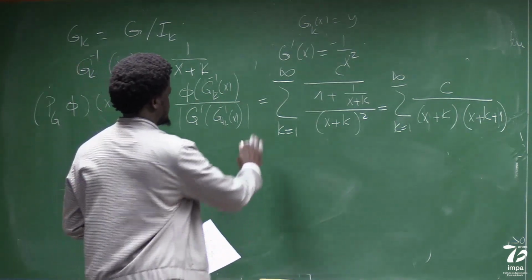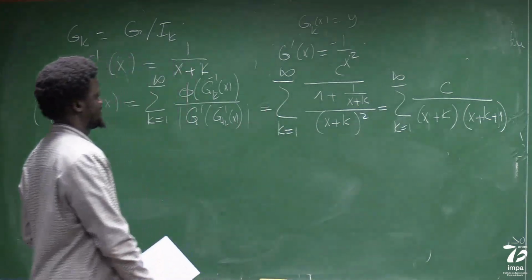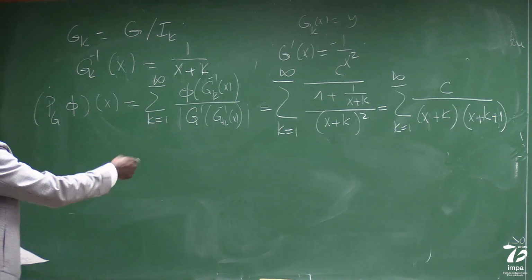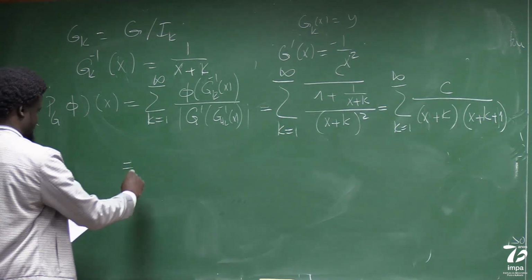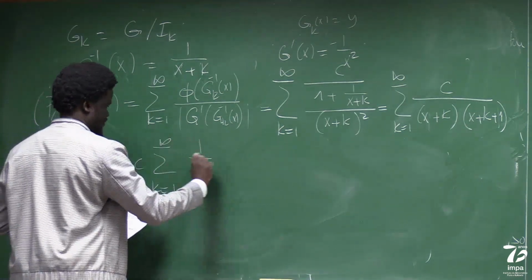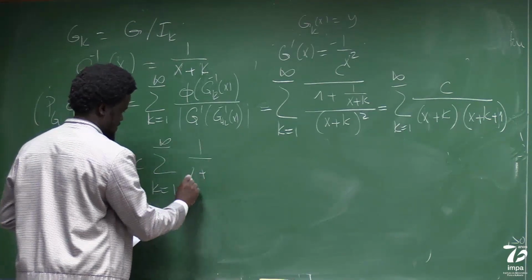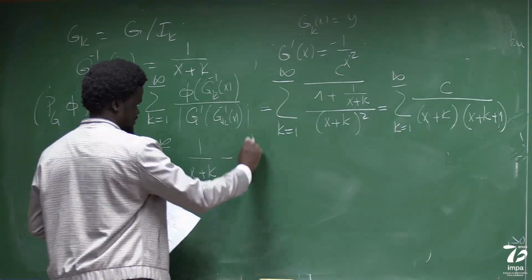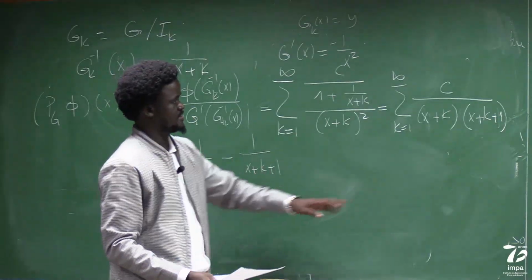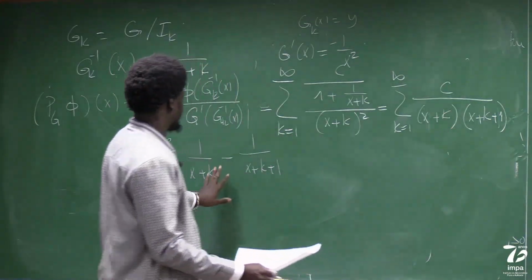I think I should do this. And this, you can rewrite it, there's just this trick that you do: 1 over x plus k minus 1 over x plus k plus 1.